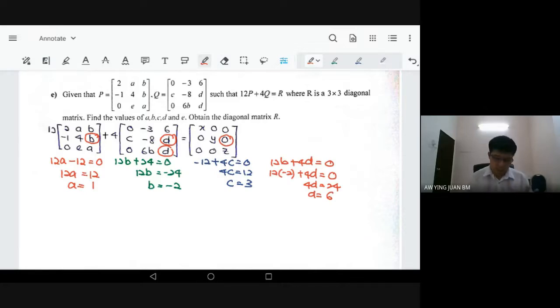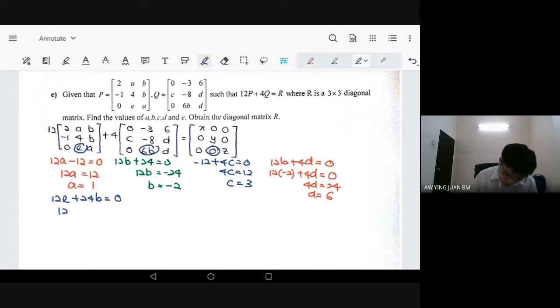Focus on the E. What we have to do is to locate the E. So where is the location for E? So in here we have the E, which is A32. So element A32. So begins with the situation 12E plus 24B is equals to 0.